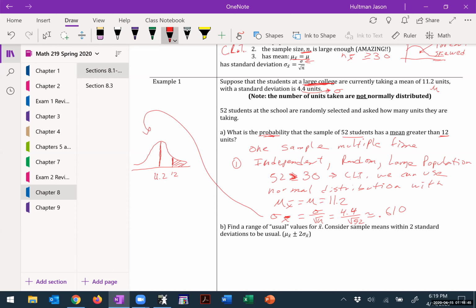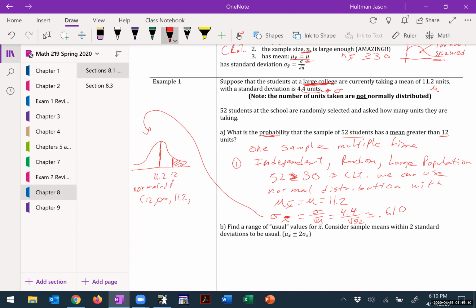Okay, so we would do a normal CDF on this, and it would go from 12 to infinity with a mean of 11.2 and now a standard deviation of not 4.4. That would be only if I was picking groups of 1.